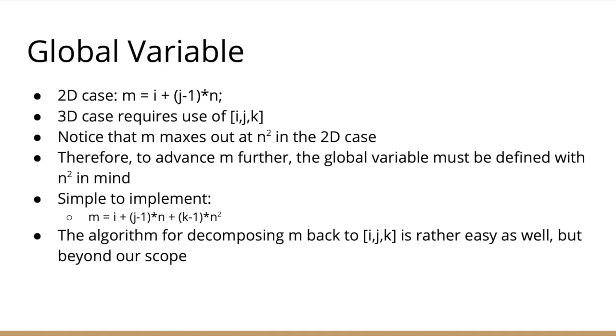So in order to access all of the new layers of m that you need to add, the third term of the global variable is k minus 1 times n squared. There is also an algorithm for decomposing m back into its i, j, k. However, we're not going to go into depth about this. We will show you code that does it, but it's not the focus of our simulation.